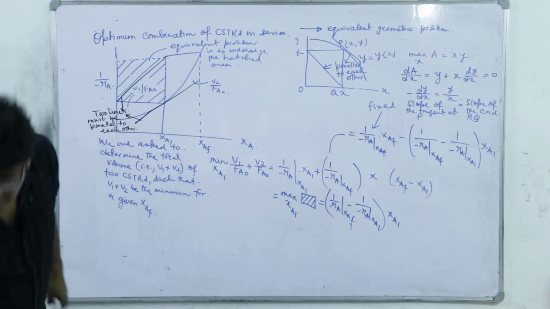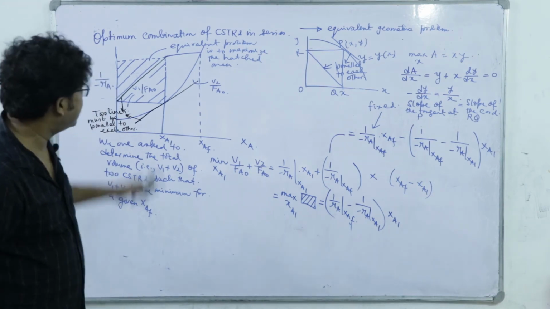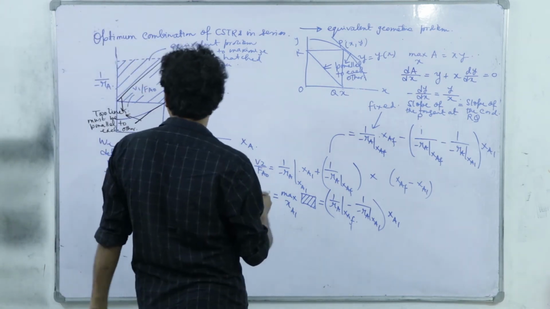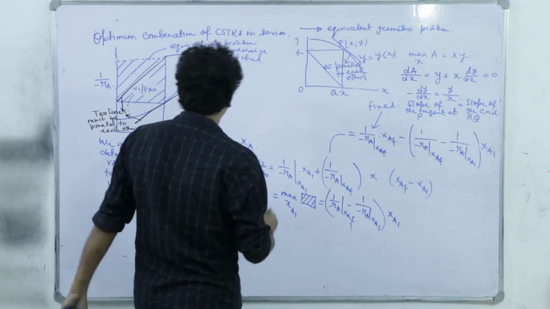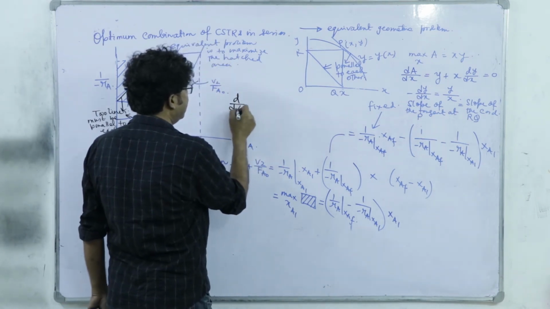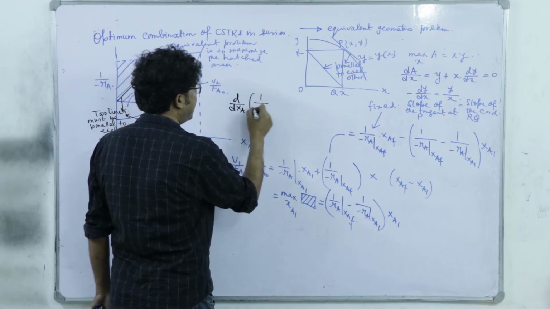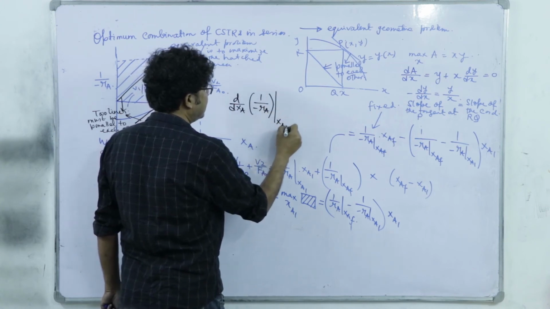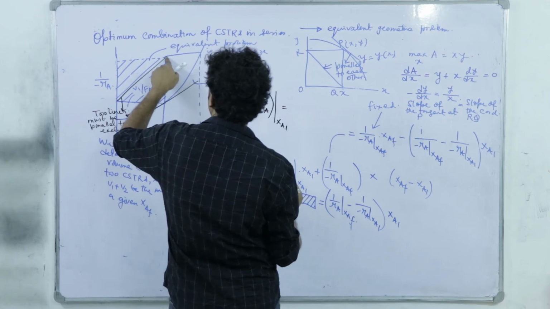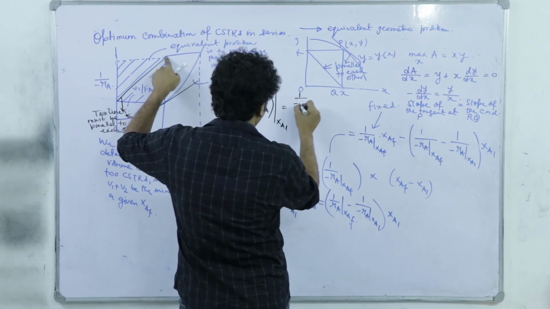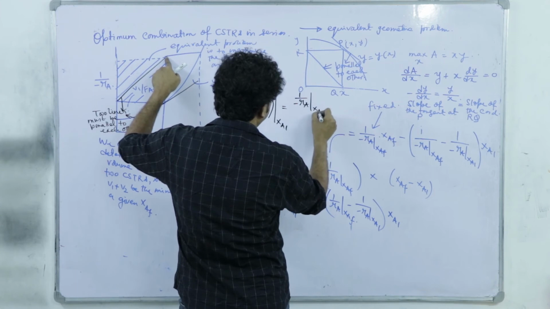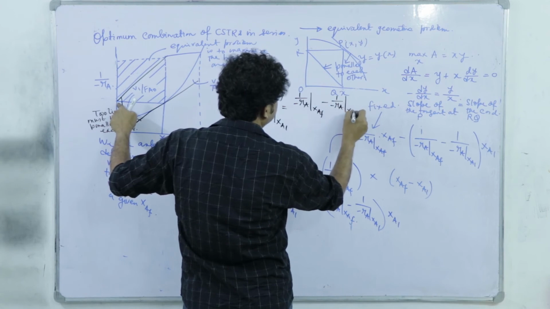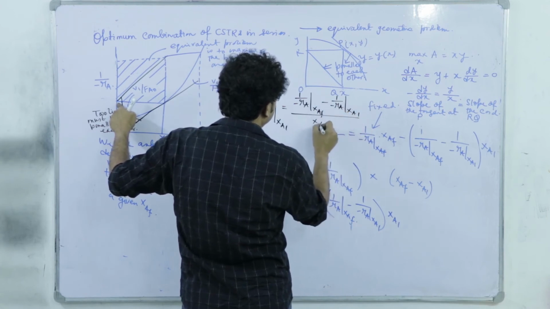So, physically if I try to link it, what is the condition of Xa1? So, we can say that d dXa of 1 by minus Ra at Xa1 is equal to this location, 1 by minus Ra at Xaf, this location 1 by minus Ra at Xa1, divided by Xa1.